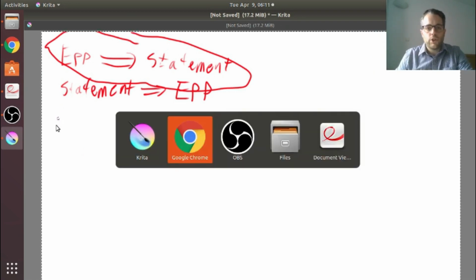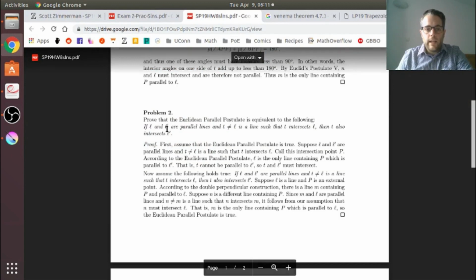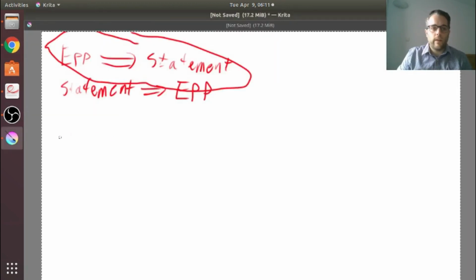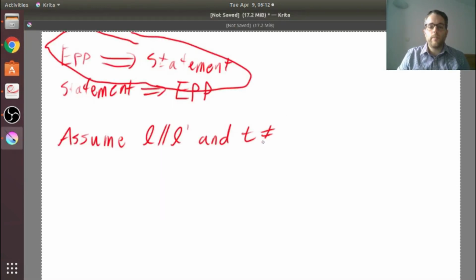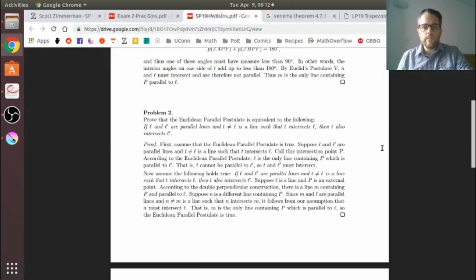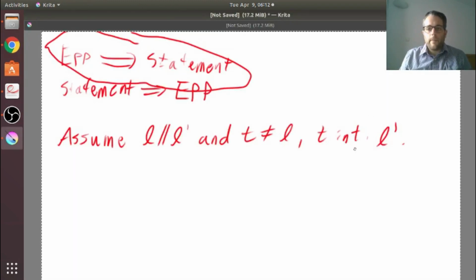So what is it that we have to show? We have to show that if L and L prime are parallel lines, so let's start with that. Assume L is parallel to L prime, and we have another line T which is different than L, such that T intersects L. Oops, sorry, T intersects L. I need to show that T has to hit L prime as well.